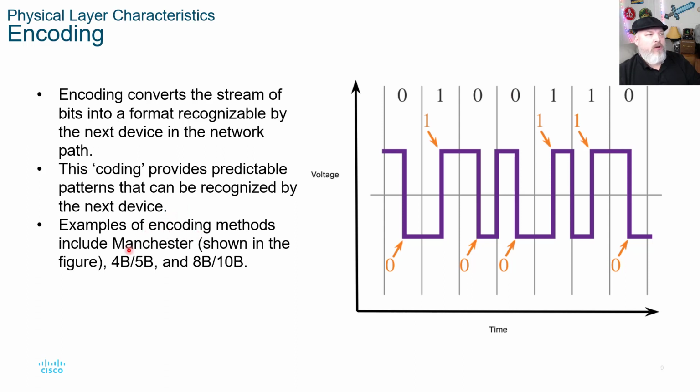Examples of encoding methods include Manchester, shown in the figure on the right here. This is a digital signal that we're looking at here. And what would happen is they set a buffer. So this would be 0 down here, and this would be 1. But they set a baseline. So they say if the signal goes above a certain level, it's going to be a 1. And if it drops below a certain level, it's going to be a 0.